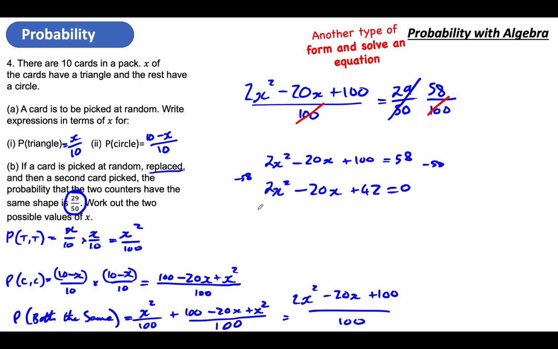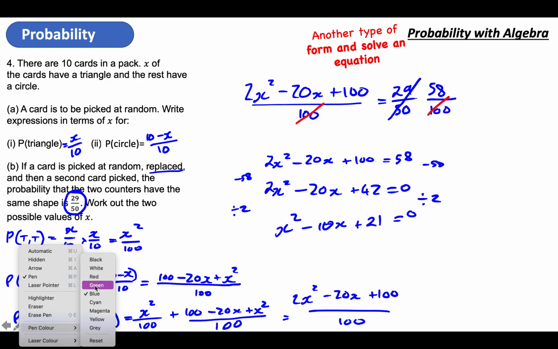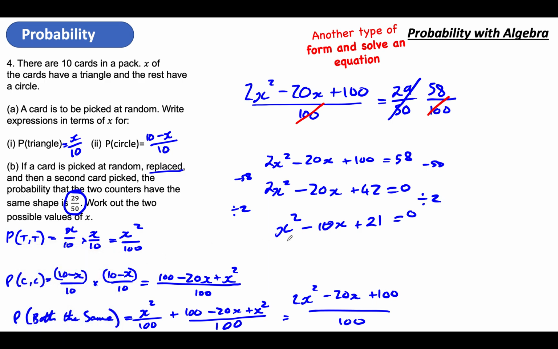All of these, we can do a sneaky thing here, because much nicer to do it like this. Divide everything by 2. Divide 0 by 2 to get 0. 42 we divide by 2 to get 21. 20 we divide by 2 to get 10. And then 2x squared divided by 2 is x squared. Yeah, that made it easier, because now we can factorise. Quadratic expression, you want to solve it.